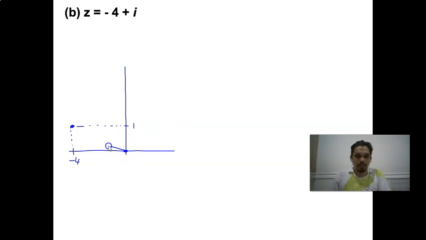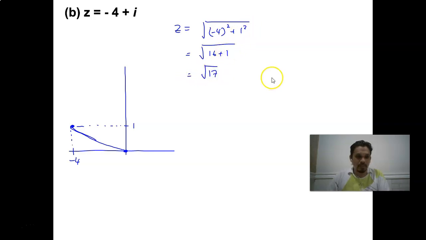From the origin point to the point here. Okay, so then for this one, the modulus of z equal to the square root of negative 4 squared plus 1 squared. Negative 4 squared equal to 16, plus 1 squared is 1. It is the square root of 17.